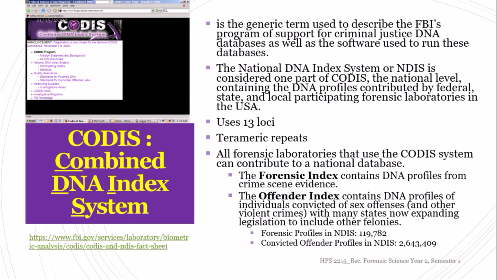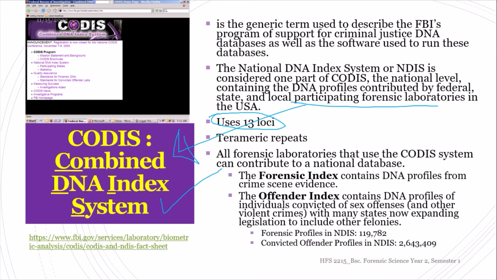Now, in the US, we have what we call CODIS, or the Combined DNA Index System, that supports the criminal justice system in the FBI program for criminal investigation. Here, all the states, all the federal states, and other local laboratories that do forensic work will submit the DNA profiles that they obtained in the course of their search to this centralized system called CODIS, and you'll use the 13 loci.